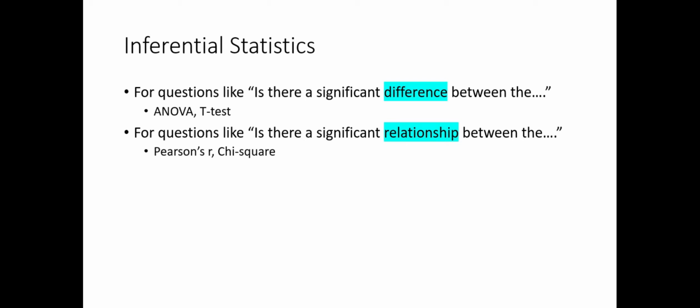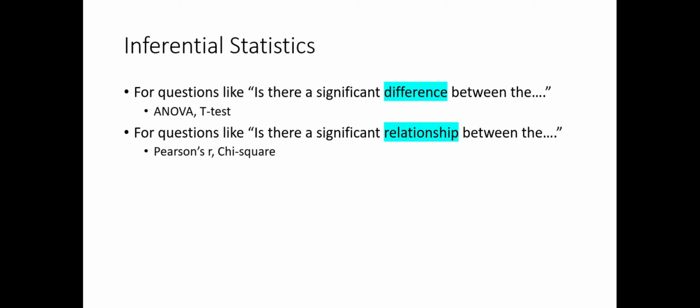So we use ANOVA. Let's start with t-test. We use t-test if we are only comparing 2 variables. Like for example, in sex, we only have male and female. So we compare the differences between their scores, the male and the female. We use t-test.